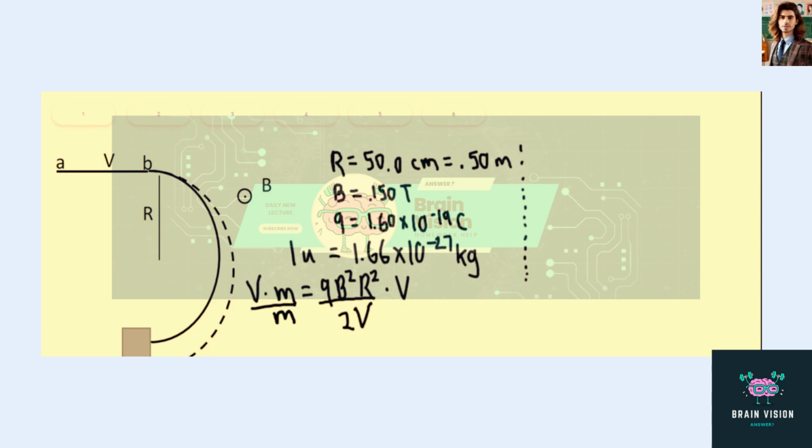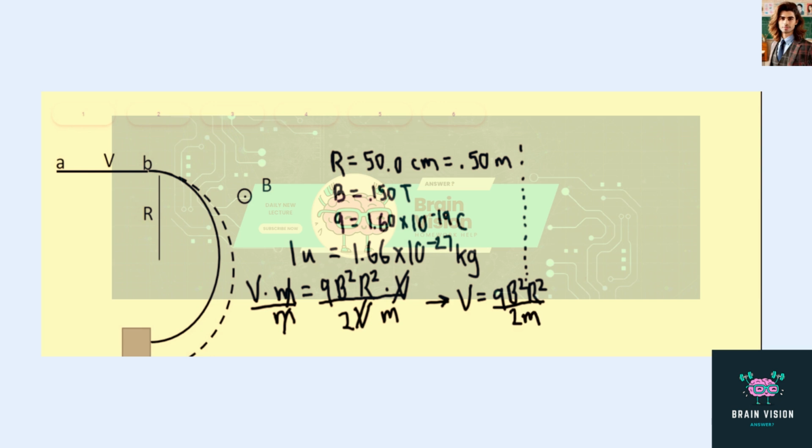This way we just rearrange it, and this gives us the voltage equaling, and I'm just illustrating the cancellation here, the charge times the square of the magnetic field and the square of the radius over twice the mass.